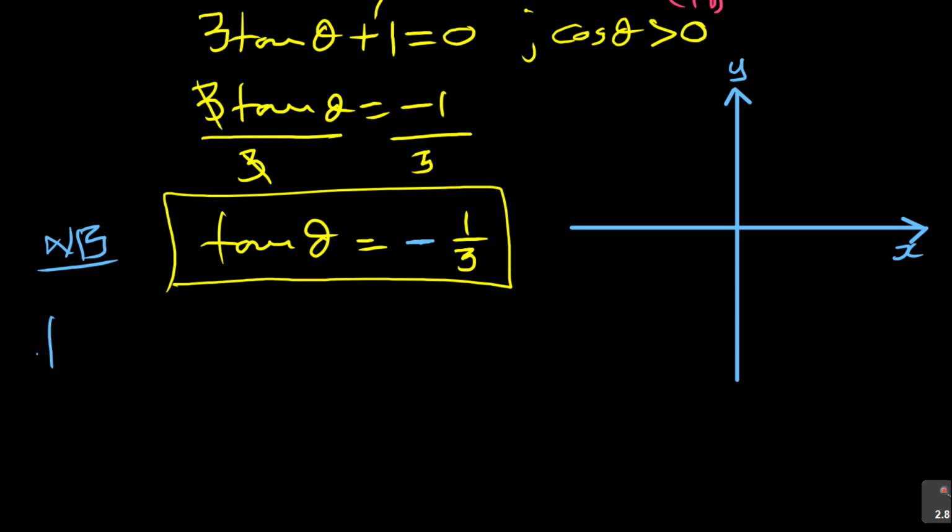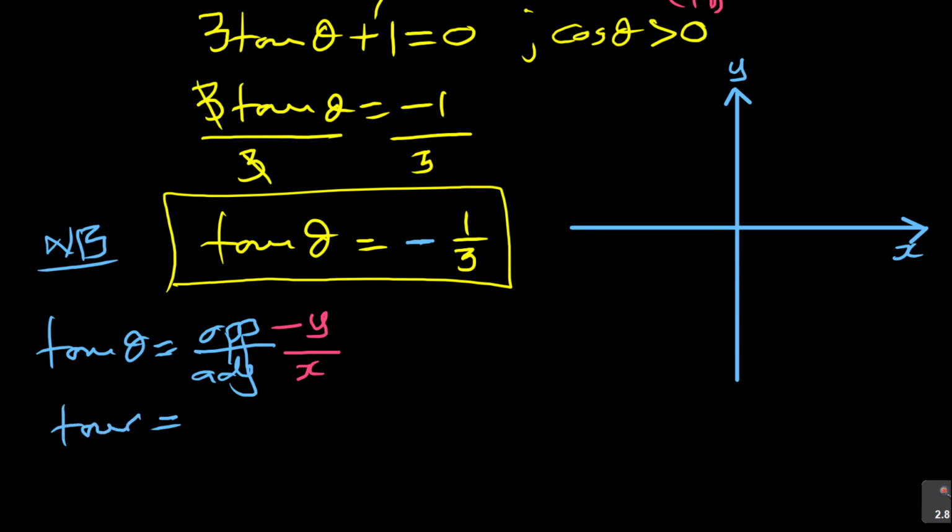Remember, tan theta, in terms of SOHCAHTOA, is TOA. Tan is opposite over adjacent. Now what is opposite? You must also know that opposite represents y and adjacent represents x. So you must know tan theta is y over x.